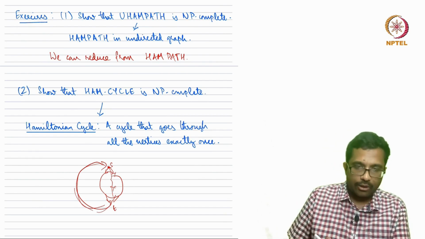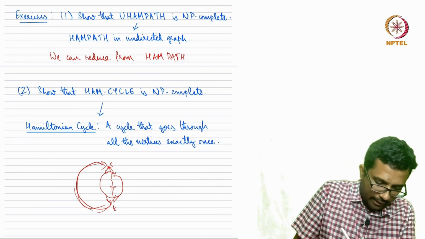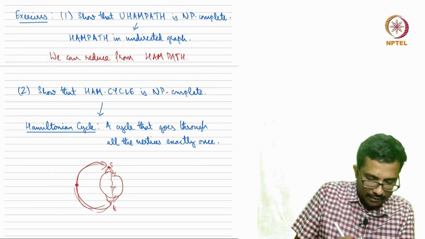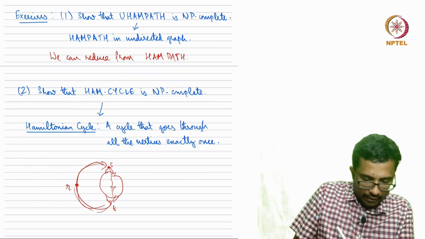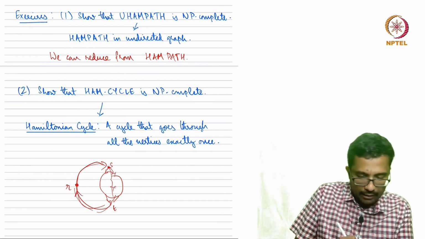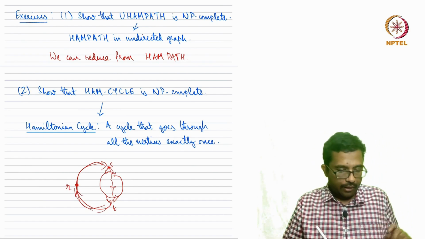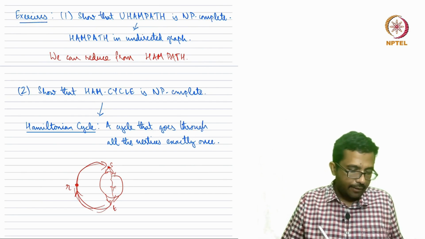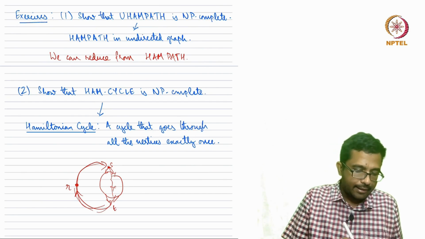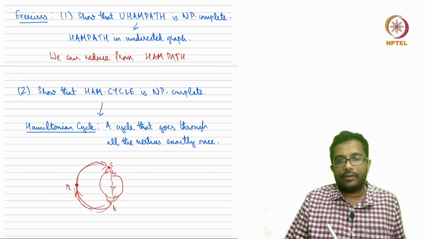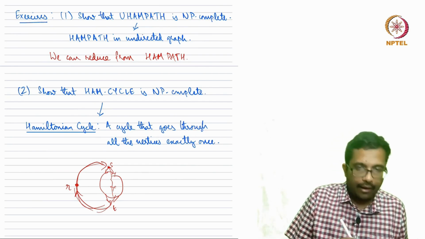Hence this construction is not enough, but we can add a new intermediate vertex here. Let's call it R, and where we had 2 directed edges, T to R and R to S. Now if the new graph has a Hamiltonian cycle, then it necessarily has to have a Hamiltonian path from S to T, because there is no other way R is getting covered.